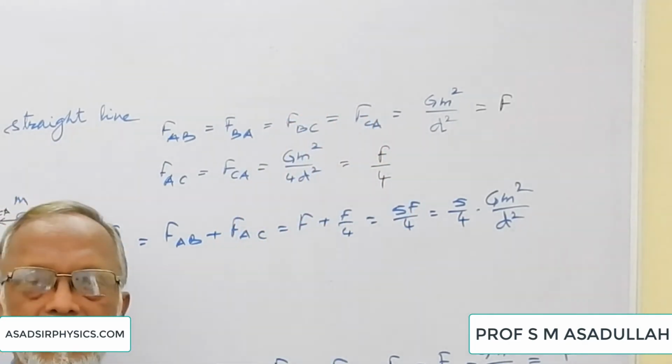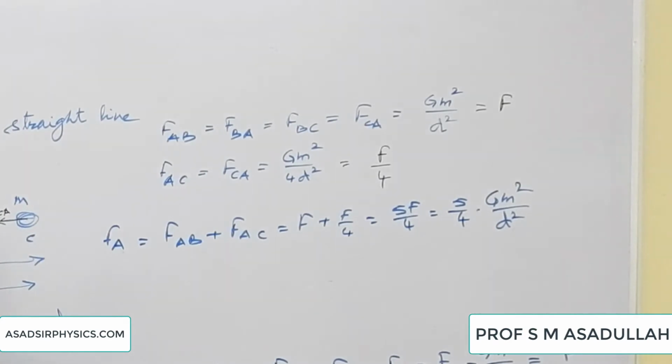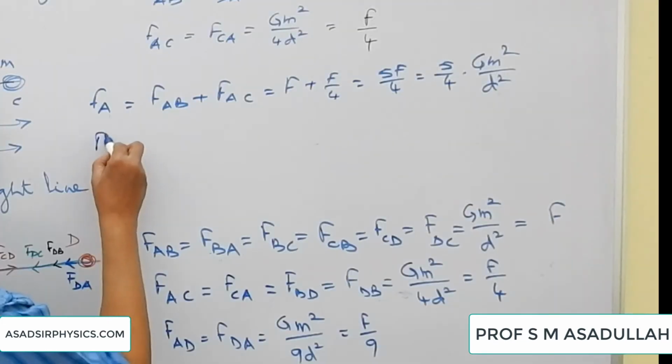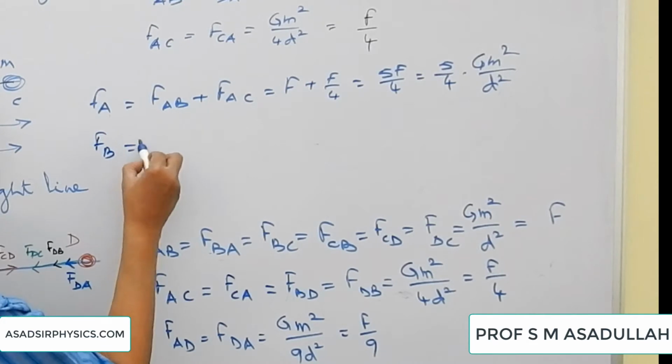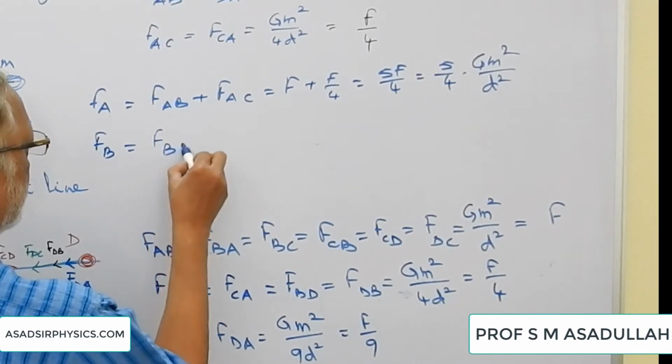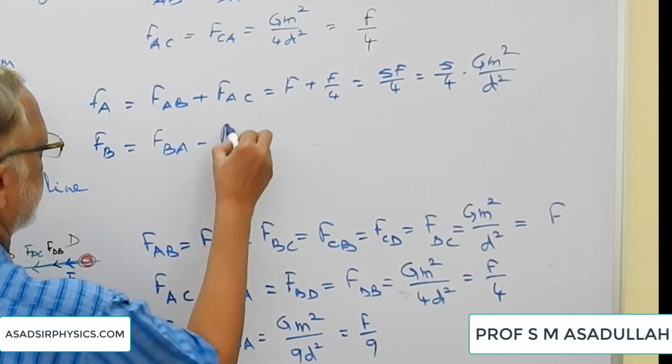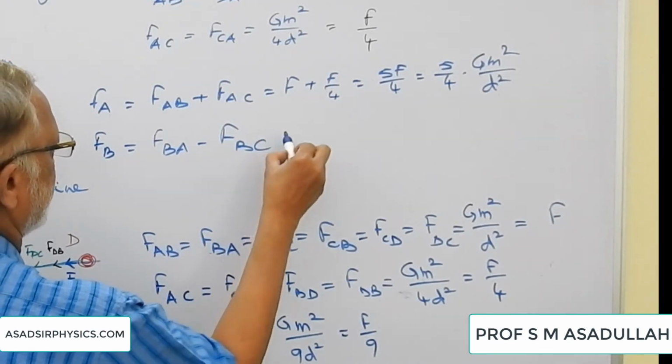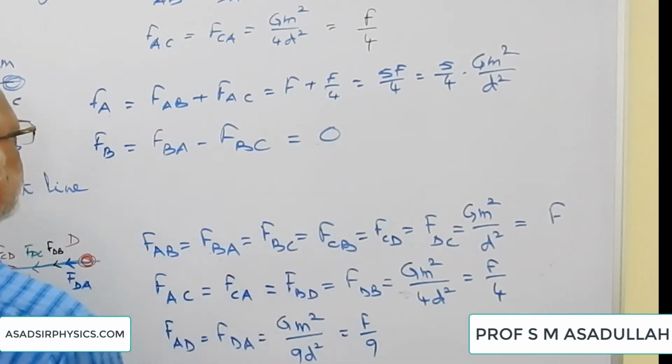They are equal and oppositely directed, hence the resultant force on B is equal to 0. So FB is equal to FBA minus FBC, which is equal to 0.